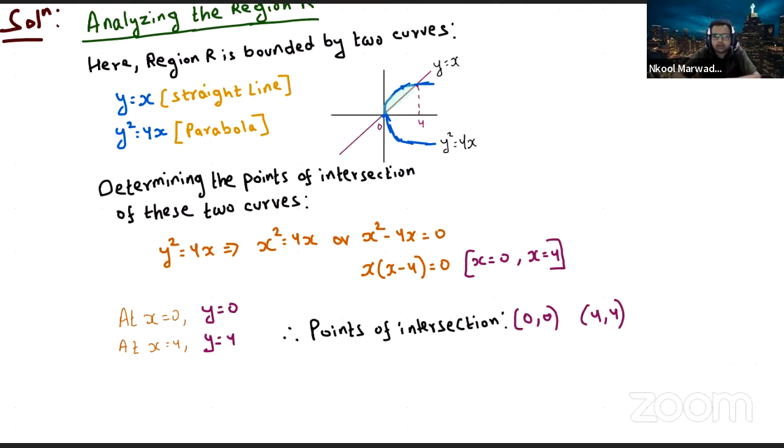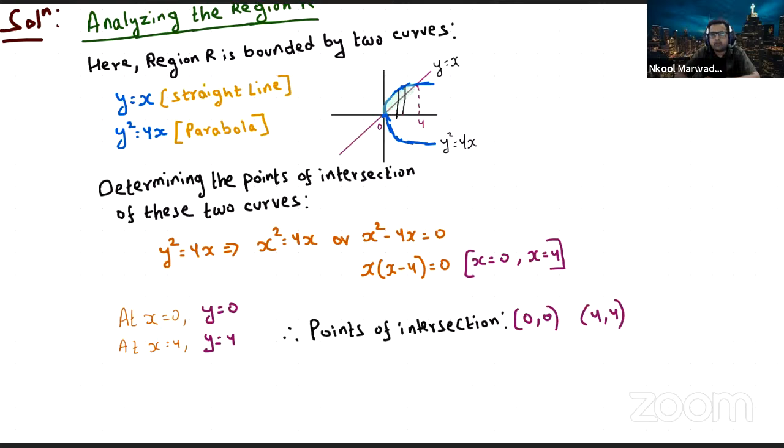Now what I can do is go with the vertical slice. Why am I going with the vertical slice? Because of this blue curve, whatever is varying, see this.